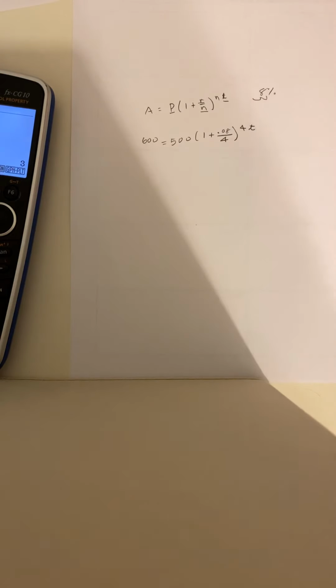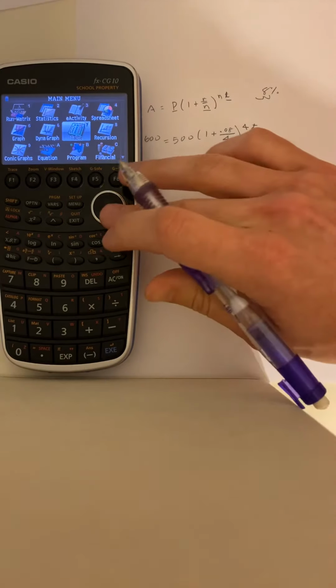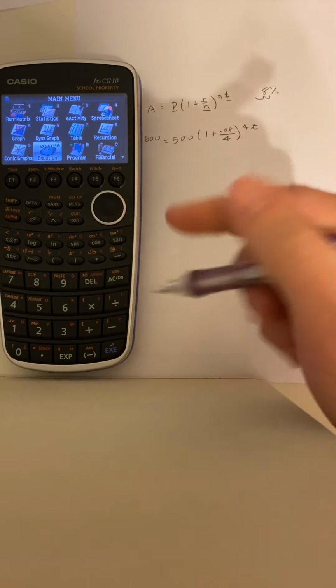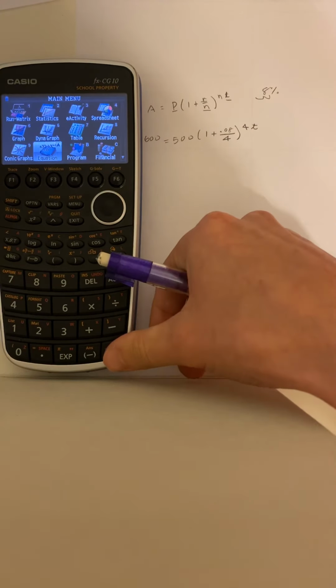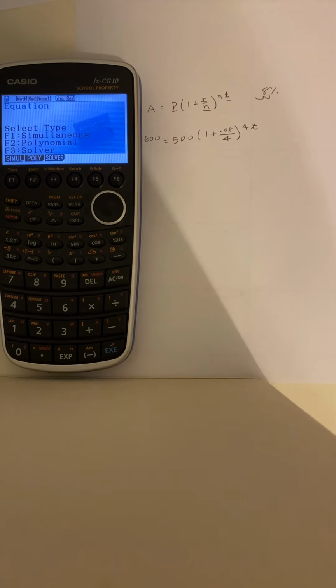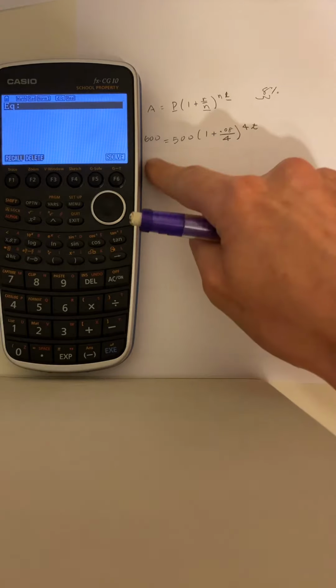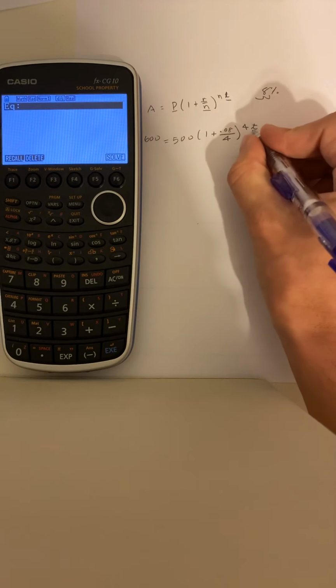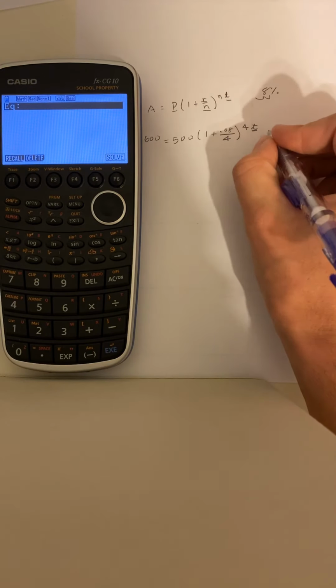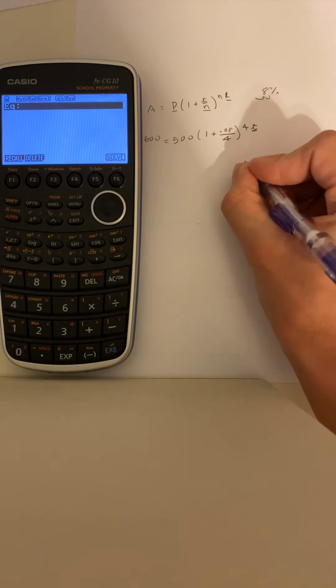If you're familiar with this function on the calculator, great. But here we actually want to use the equation solver. So we go over to A, hit execute, and hit F3 for solver. Now we want to plug in exactly this equation, except in order for our calculator to be able to read it, let's let x equal t.